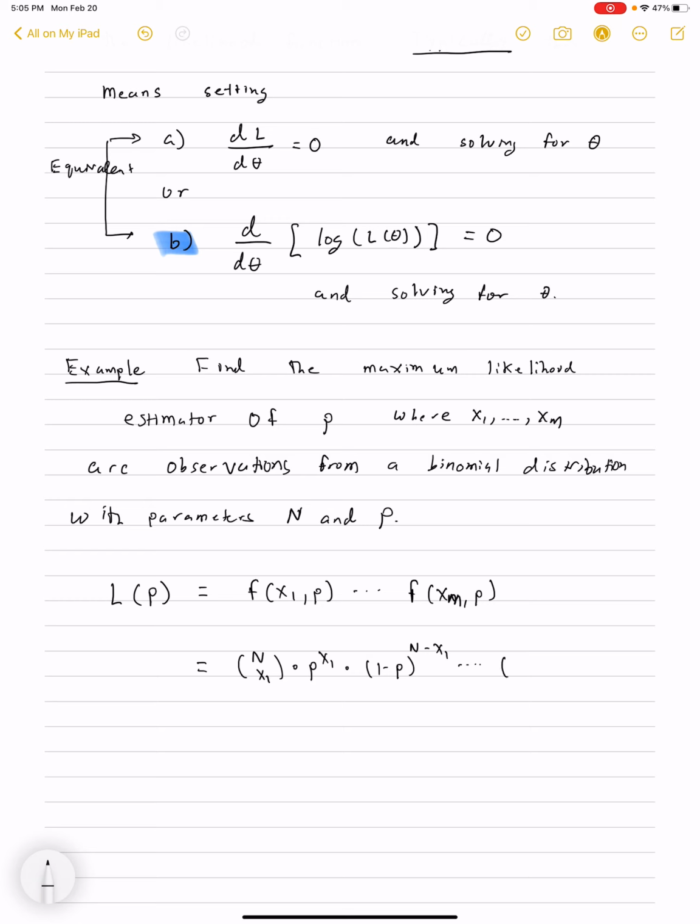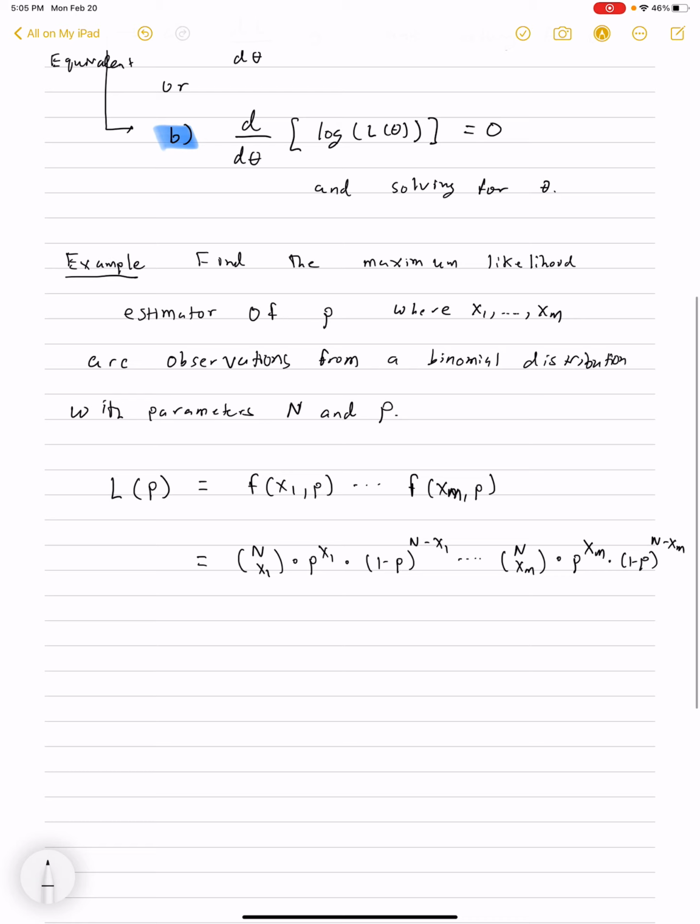So this will be n choose x sub m times p to the x sub m times 1 minus p to the n minus x sub m. And we can simplify this. I'm going to combine some steps, simplifying and forming this L of p.